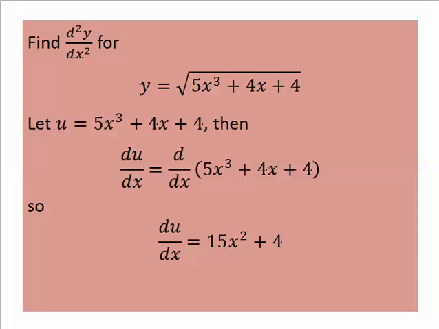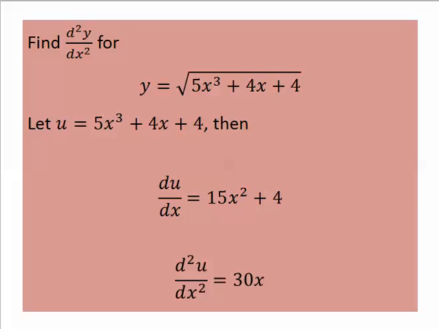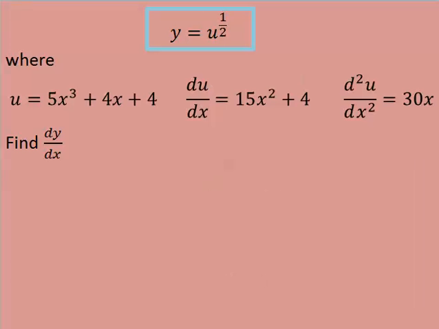So I find du dx, and then I find the second derivative of u with respect to x. And I've changed the look of the problem. The problem looks easier. The only thing I need to be careful about is remembering that u is a function of x. So first I find dy dx.